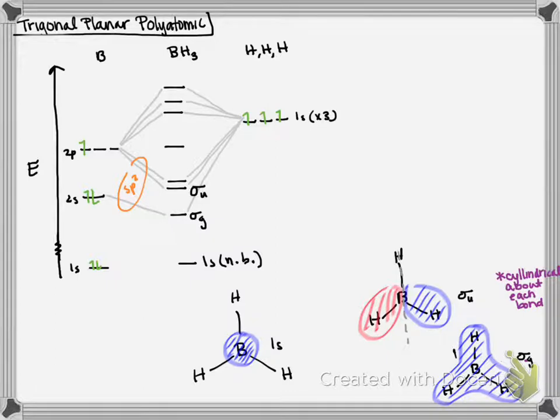It's cylindrical about each of the BH bonds. But if we think about the XYZ direction, we do have a change in sign from red to blue. We do have a node, which is one of the indicators that we should be an odd function. This is really hard to see, the even and odd here. But this one will be odd, so this is a sigma ungerade.